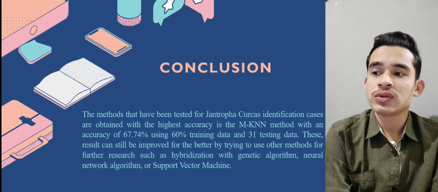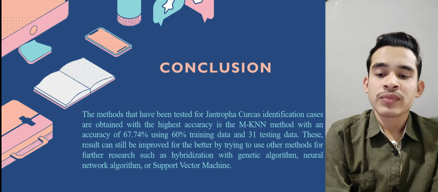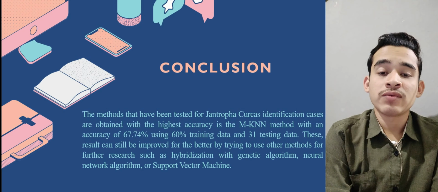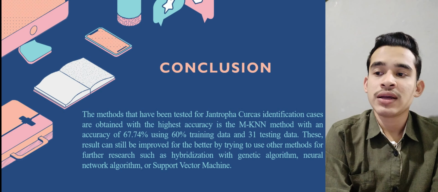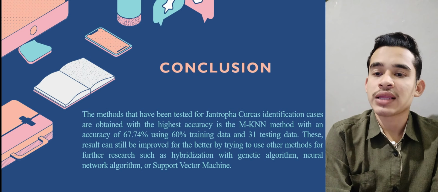Next, conclusion. The method that has been tested for Jatropha curcas identification with the highest accuracy is the MKNN method, with an accuracy of 67.74% using 60% training data and the rest testing data.